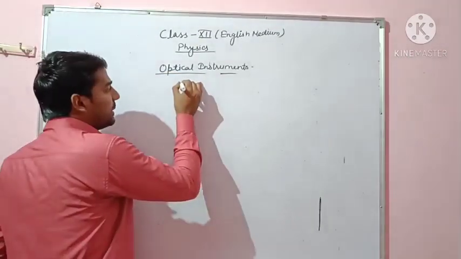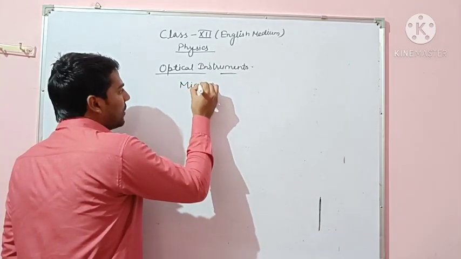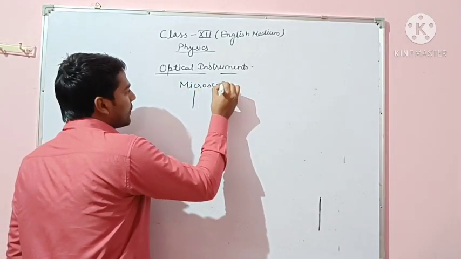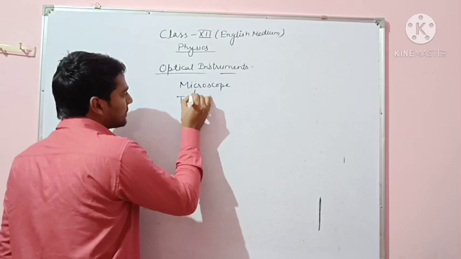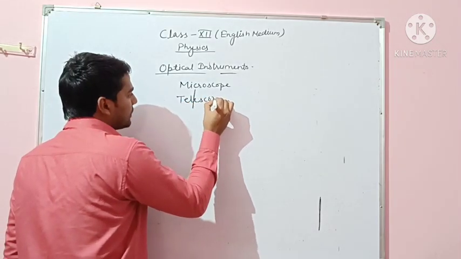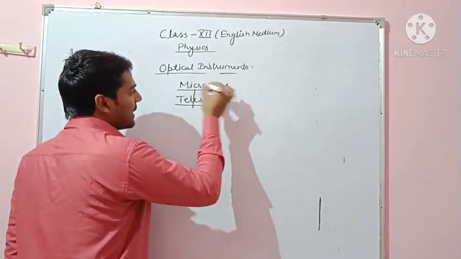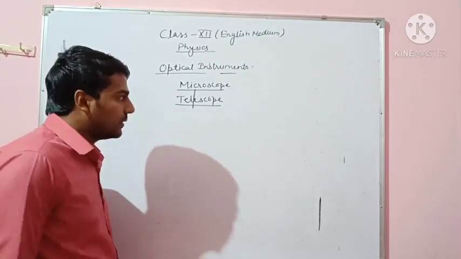There are two types of optical instruments: first is the microscope and second is the telescope.